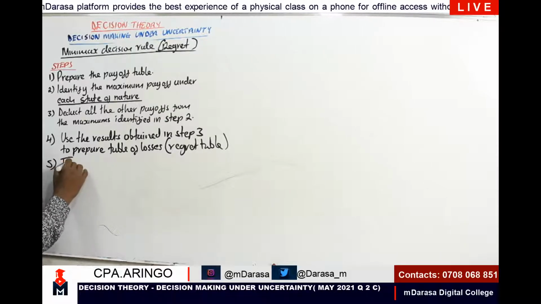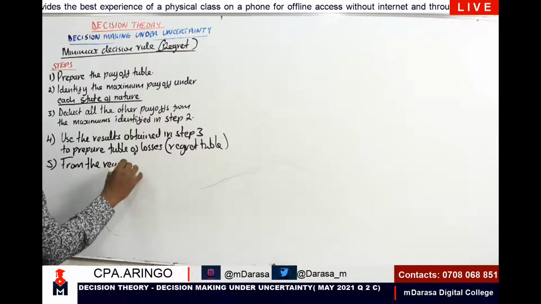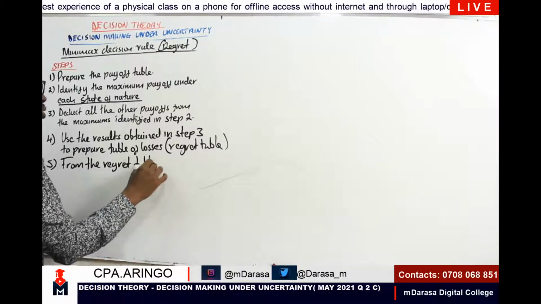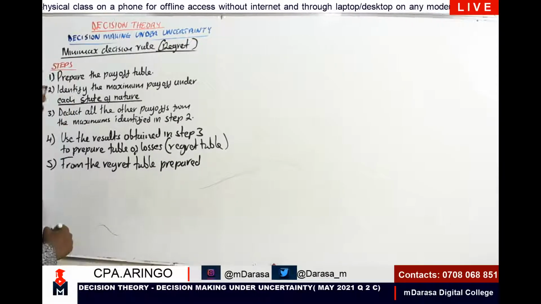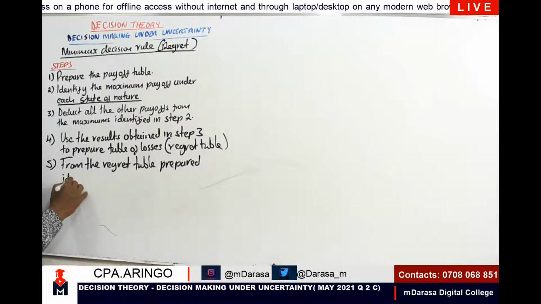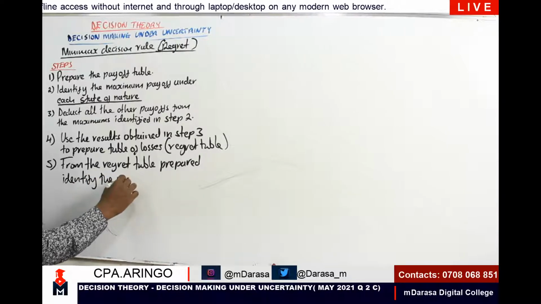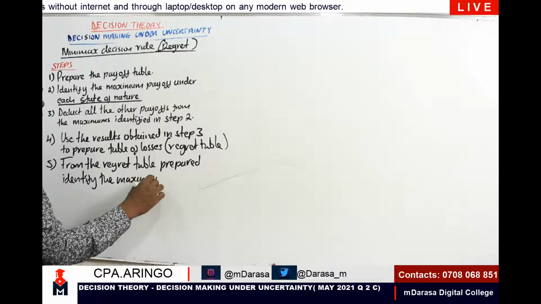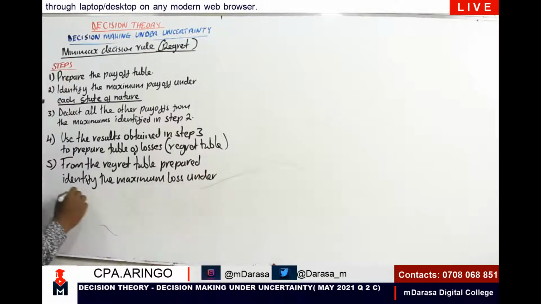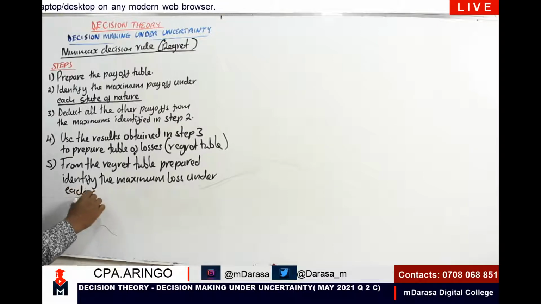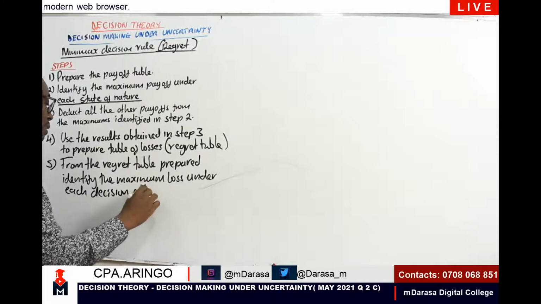From the regret table prepared, identify the maximum loss under each decision alternative.